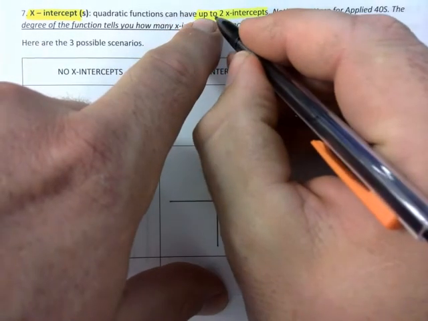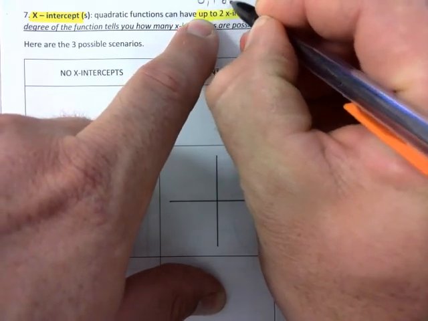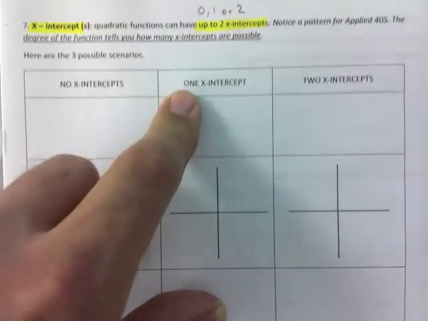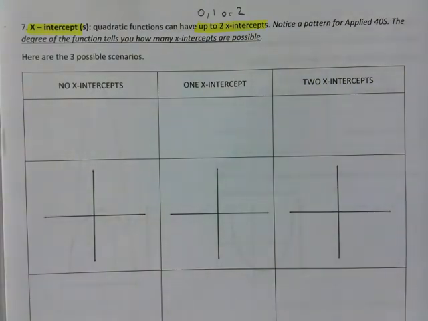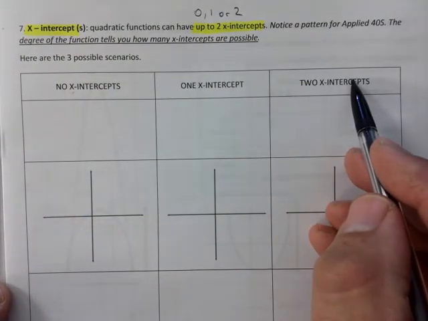So what I need you to understand is that it could have 0, 1, or 2. That is what is actually happening with that little statement. I'm saying up to 2, but it could be that there are none. There's just 1 or 2, okay? So let's explore the 3 instances.